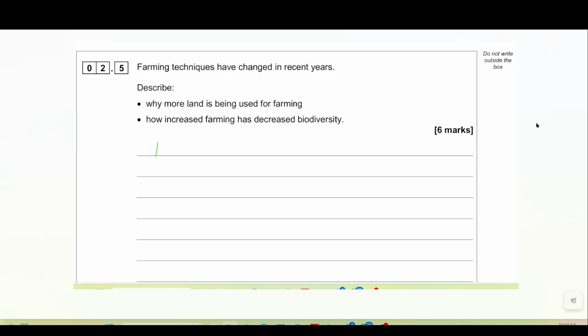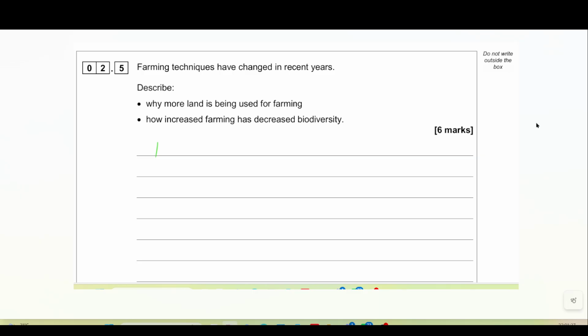This means less biodiversity, because crops consist of a lot of plants of the same type. Same type plants means very little biodiversity.